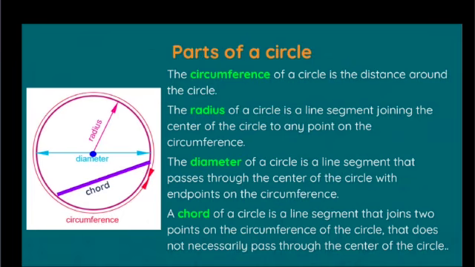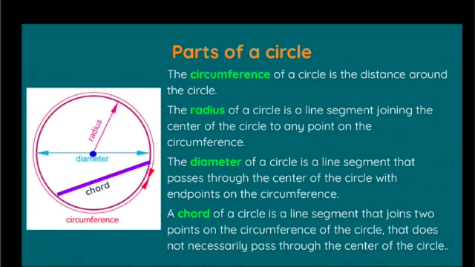That is a line segment that goes from one point on the circumference to another point on the circumference, but it has to pass through this center point. Okay, so that is the diameter, and we have an infinite number of diameters as well, as long as it passes through the center point of the circle and it connects one point on the circumference to another point. That would be the diameter.